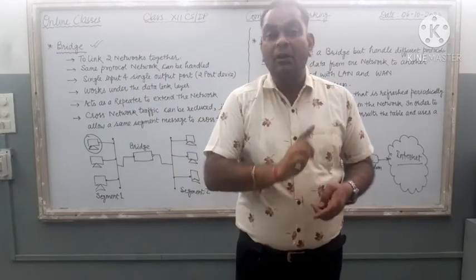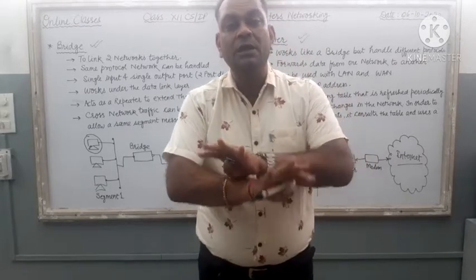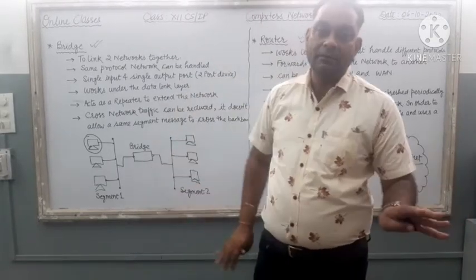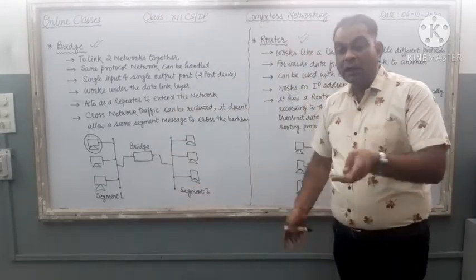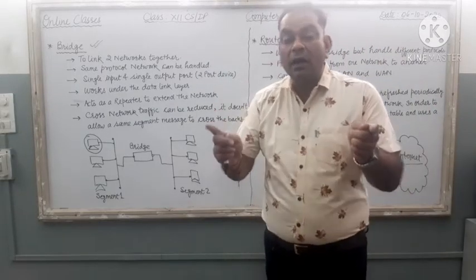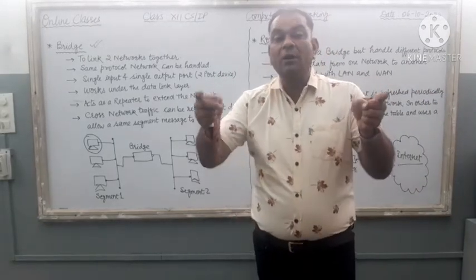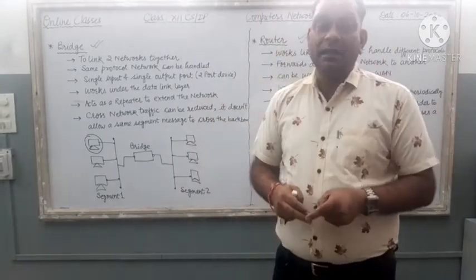Here in bus topology, no hub, no switch is required. Now our today's lecture is about how to connect two different network segments, two entirely different networks with each other, right?